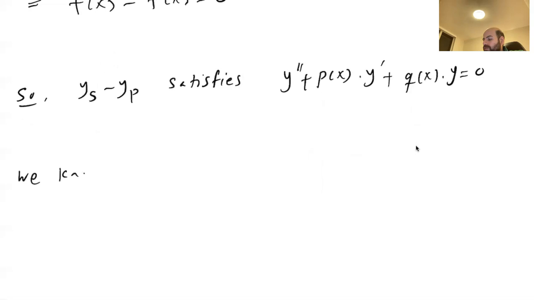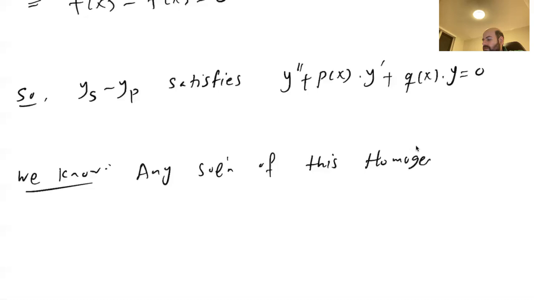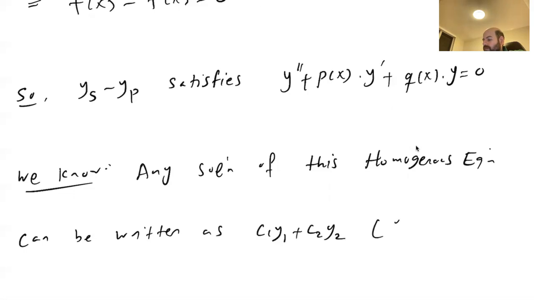We know that any solution of this homogeneous equation can be written as c1y1 plus c2y2, where y1 and y2 are linearly independent solutions.